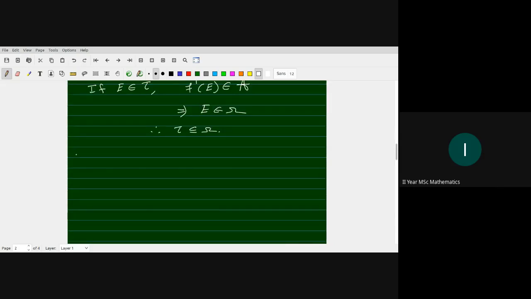So now we recall the definition of the Borel sigma algebra. Consider this tau, right? Script B is the sigma algebra generated by tau.